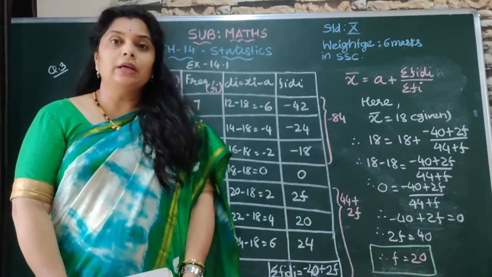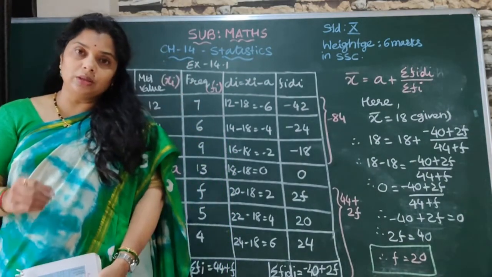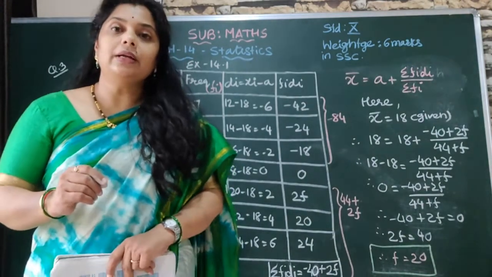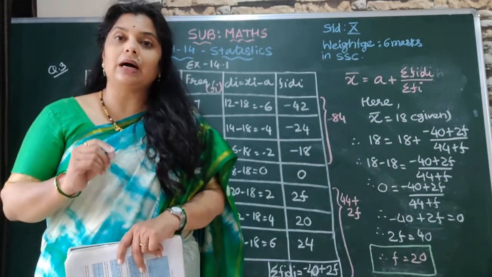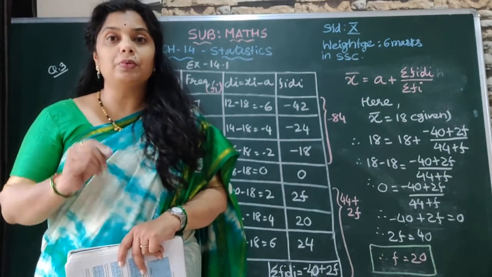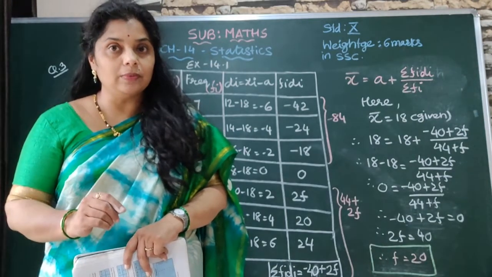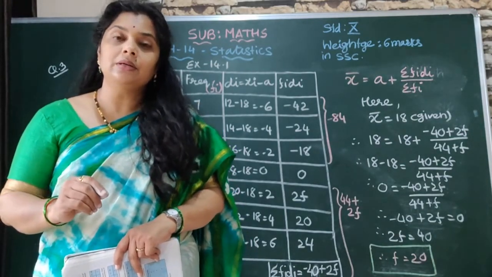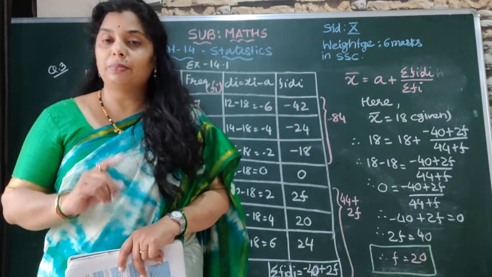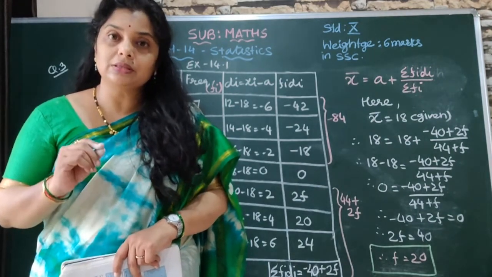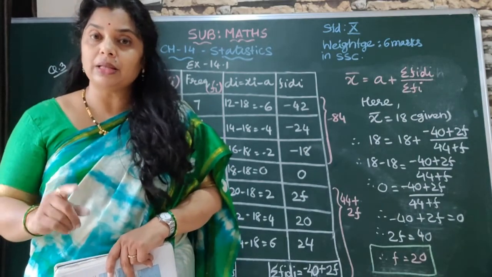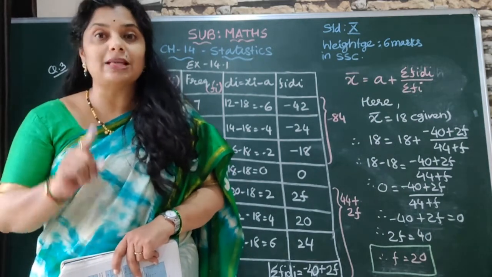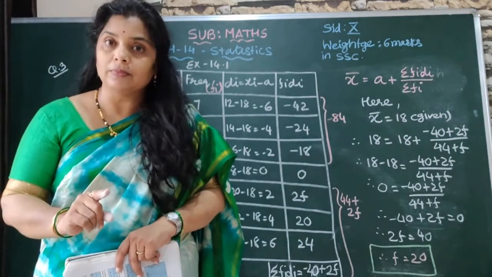Now one tip I want to give you: in the exam, if a particular method is asked, you have to perform that method only. Otherwise, the examiner may cut your marks. Is it clear? So keep this in your mind. If they ask particularly for the step deviation method, you have to use it only.